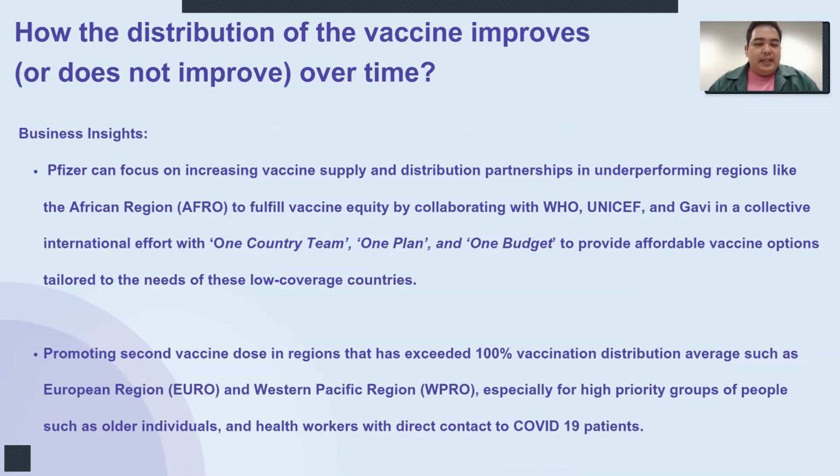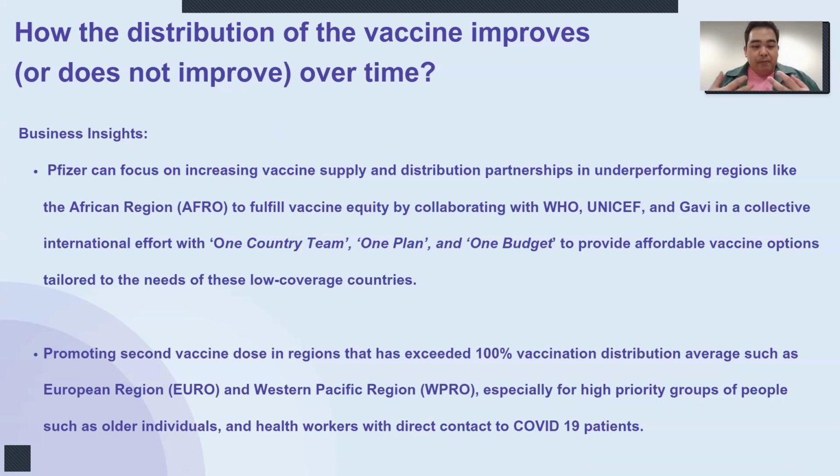And next, the business insight that we can get from these charts is that Pfizer can focus on increasing vaccine supply and distribution partnership in underperforming regions like the African region to fulfill vaccine equity by collaborating with WHO, UNICEF, and Gavi in a collective international effort with the name of One Country Team, One Plan, and One Budget to provide affordable vaccine options tailored to the needs of these low coverage countries.